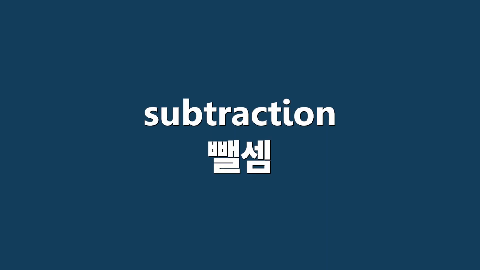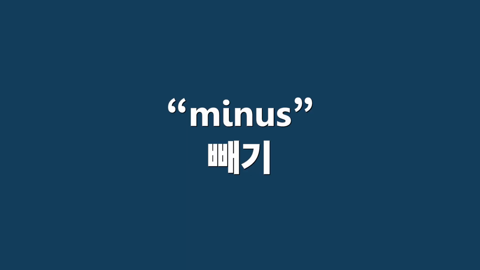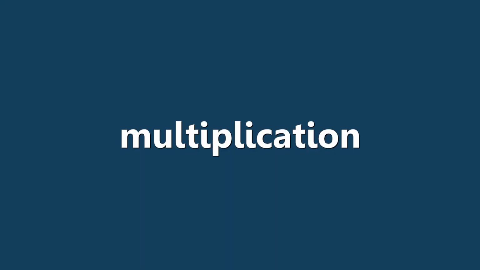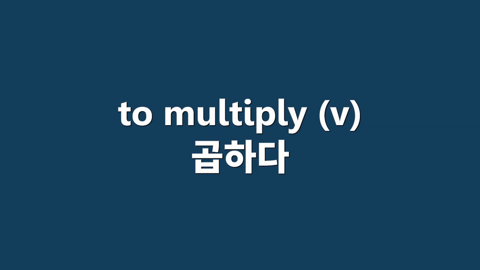Now, similar to addition, the action of subtraction in arithmetics, we call 뺄셈. And in an equation, we use the word 빼기. 3 빼기 2는 1. Next, we're going to head on to multiplication. The verb to multiply in Korean is 곱하다.